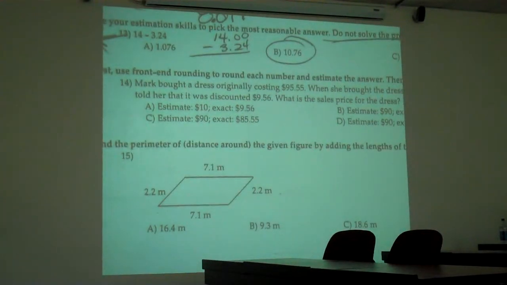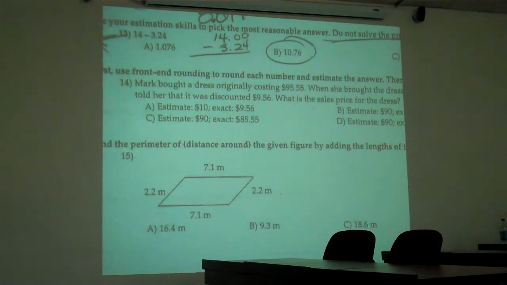Okay, number 14, use front end rounding to round each number and estimate the answer. Okay, then you find the exact answer. You got two answers. Mark bought a dress for his girlfriend, originally costing $95.55. When she brought the dress to the counter, the agent told her it was discounted $9.56. What is the sale price?